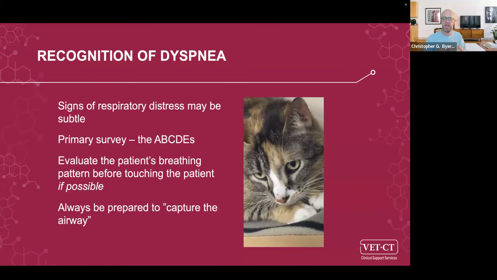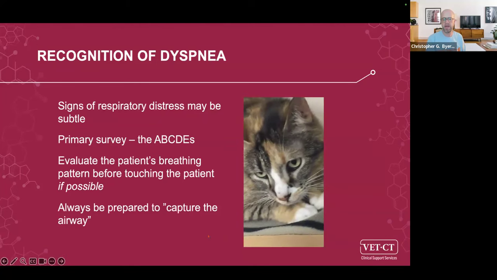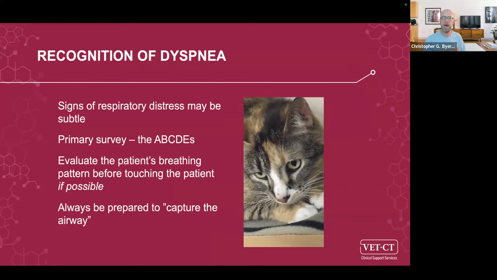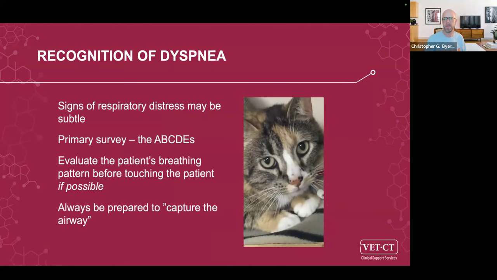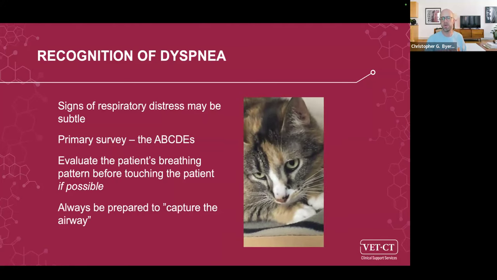And so what the kitty that you see here on the right side of your screen is showing you is nares flaring. And if you see a cat with nares flaring and nothing else, that should alert you that that patient is struggling. That patient is experiencing respiratory distress and you need to act accordingly.